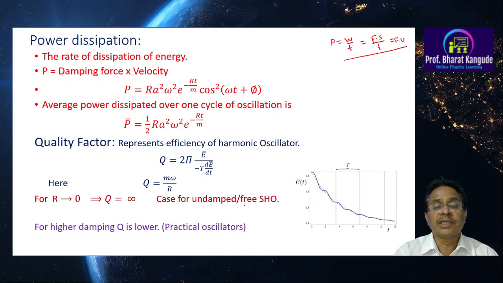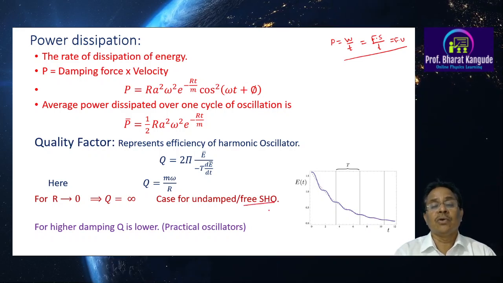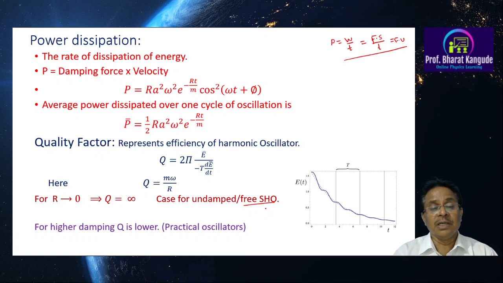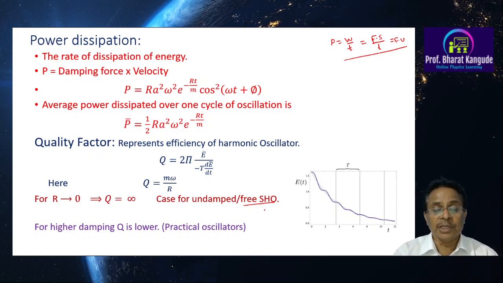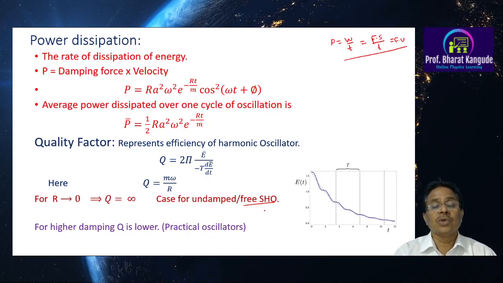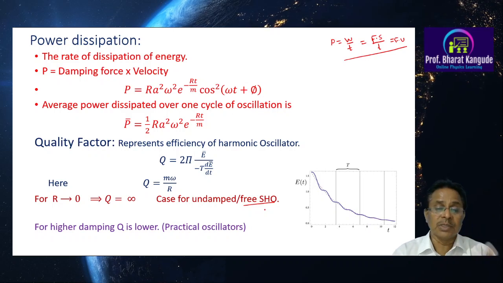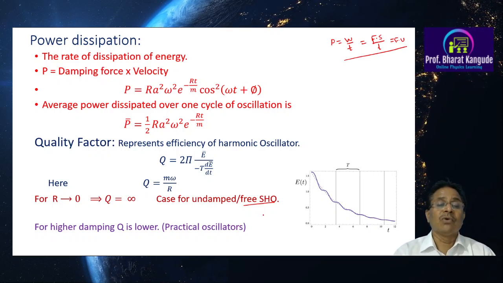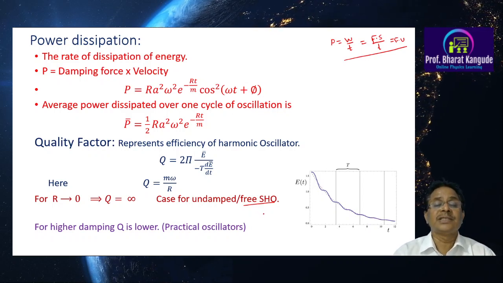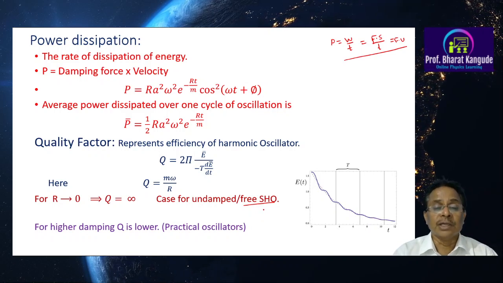This is a special case of our free simple harmonic oscillator, and this oscillator never stops. There is no loss of energy. This type of oscillator goes on continuing its simple harmonic motion forever, and therefore its efficiency is maximum, taken to be infinity theoretically.